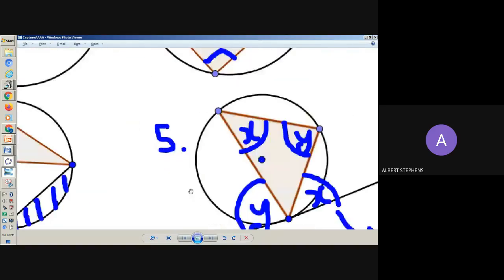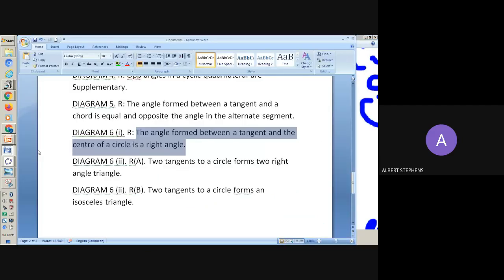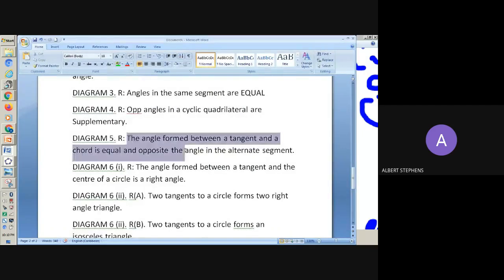Because of what? Because of diagram 5, not true? And what's the reason for 5? That long thing here. Angle formed between a tangent and a chord is equal and opposite the angle in the alternate segment. All right?